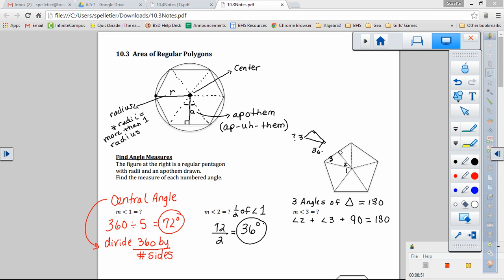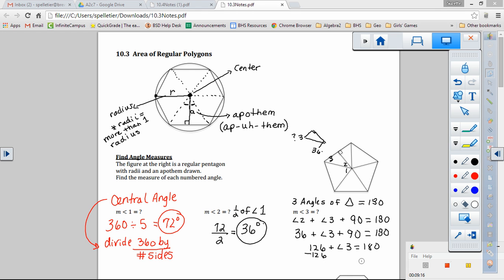So plug in what you know. I know that angle number 2 is 36. I just found that over here in the second question. Plus angle 3 plus 90 equals 180. You can combine your like terms. So 90 plus 36 is 126, plus angle 3 equals 180.